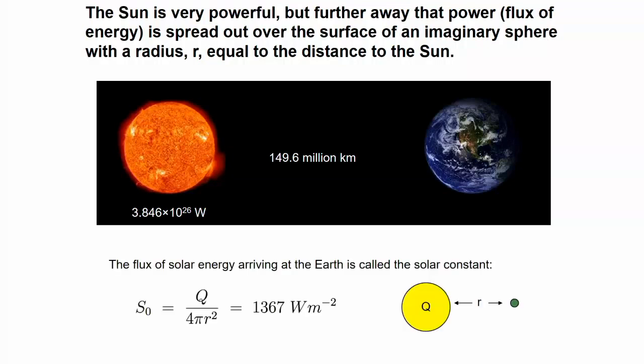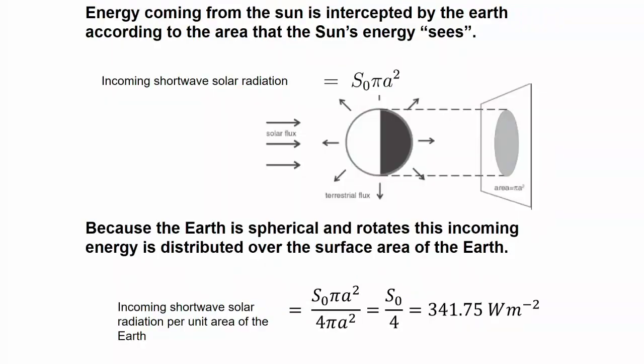We're spreading out the solar flux, which is this Q. S0 is the amount of solar radiation per unit area we actually get from the sun, and this R squared is the distance between the Earth and the sun. So we actually get a relatively small amount of energy compared to the power of the sun, which is quite hot and powerful.